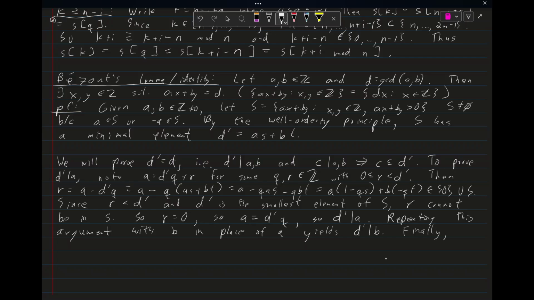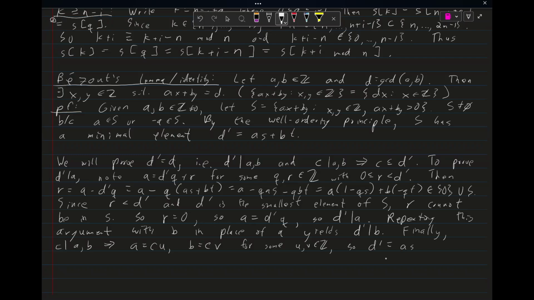Okay, so if C divides A and B, then we can write A equals CU and B equals CV for some integers U and V. So we can write D prime.